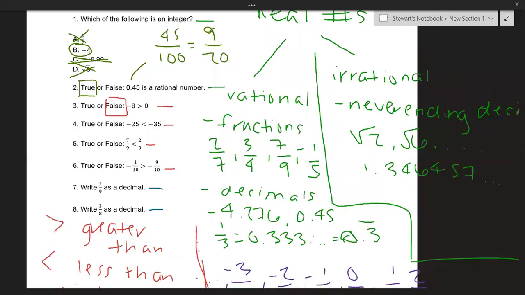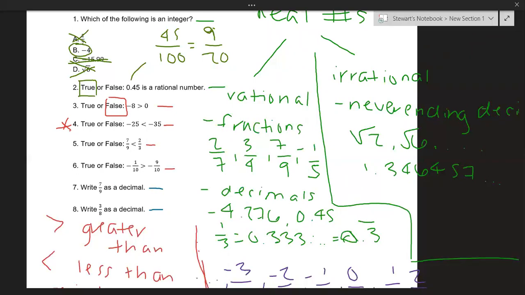Next one, true or false, -25 is less than -35. Okay, so this one is one where you'd want to be careful when you're comparing two negatives, because upon first glance you may think, oh yeah, this is right because 25 is less than 35, but be careful, pay attention to the negatives.